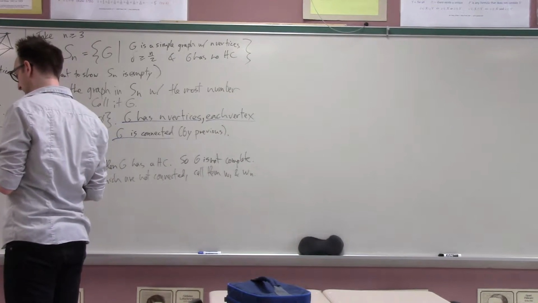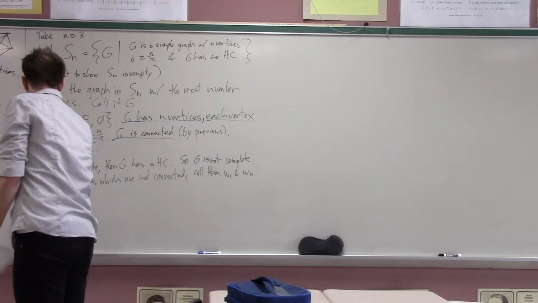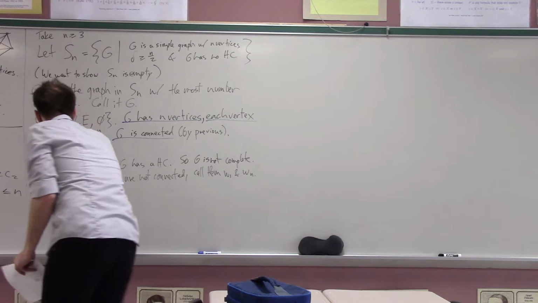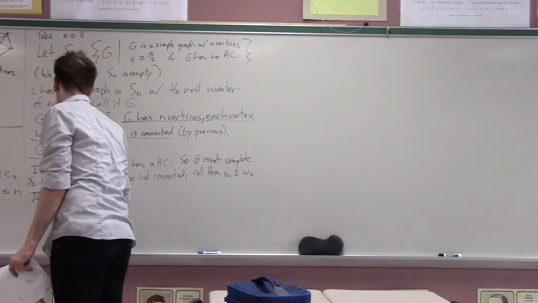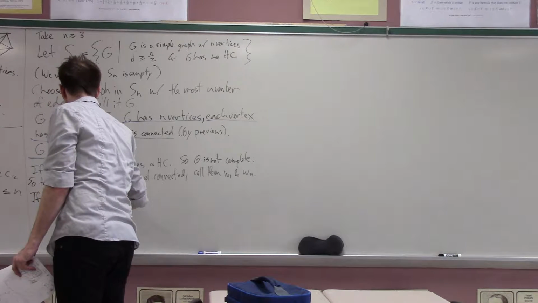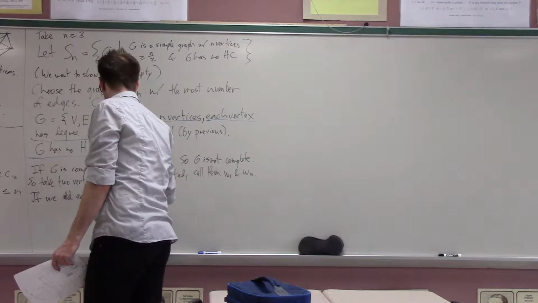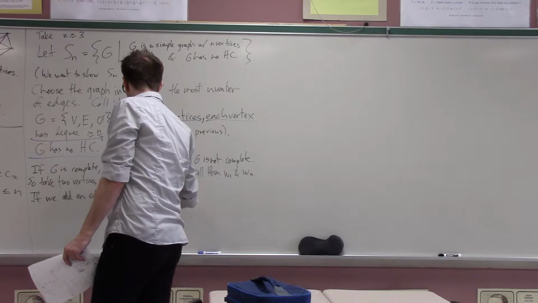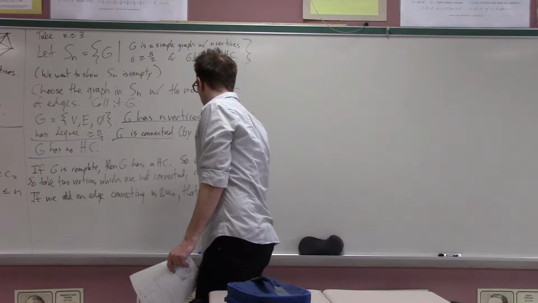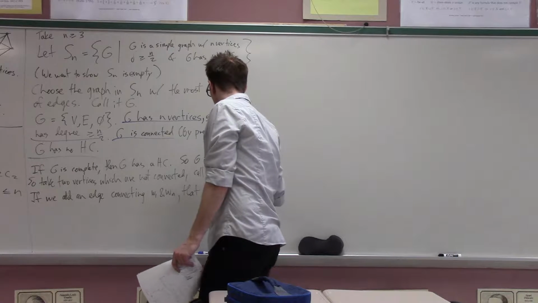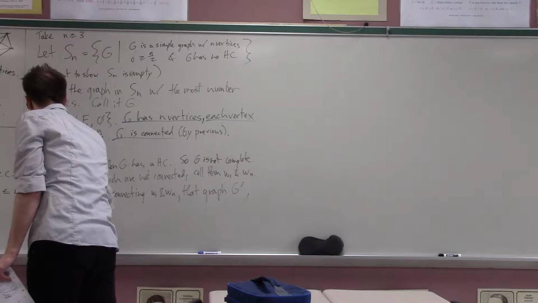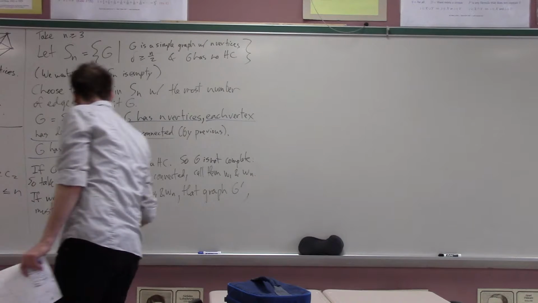So if we add an edge connecting W1 and Wn, that graph, let's call it G prime, must have a Hamiltonian cycle.